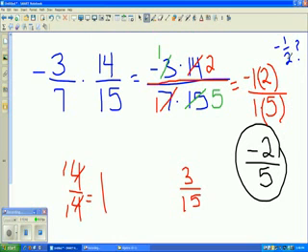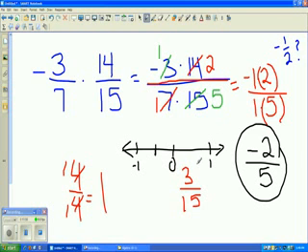And if you compare that back to our original prediction of negative 1/2, it's pretty darn close, because if you have a number line right here, here's 0, here's negative 1, here's positive 1. We know that negative 1/2 would be right here. And negative 2/5 is pretty close to negative 1/2, but it's a little bit bigger than negative 1/2.